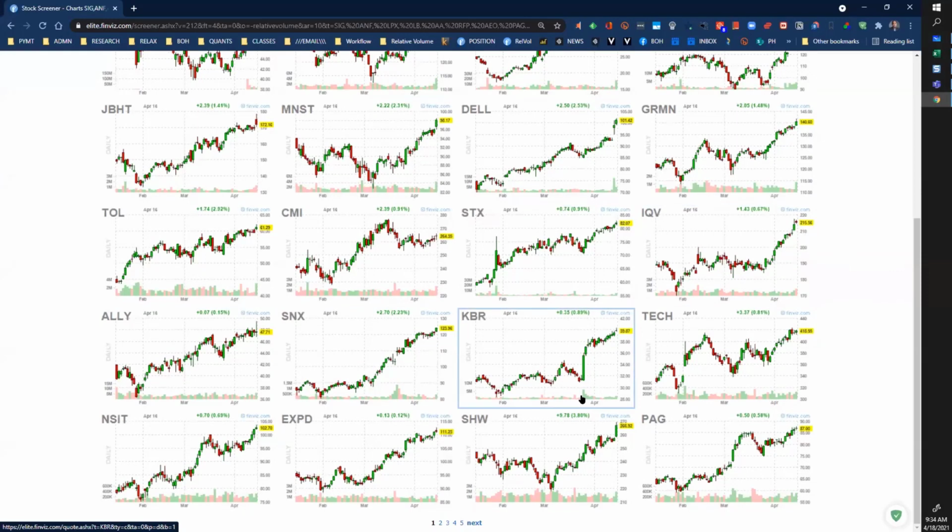We're shortlisting kung ano ba yung mga interesado pwede tayong maging interesado. We can be interested in IQV if at some point mag-transition siya katulad dito kay SNX na meron kong sideways consolidation and that we can buy into.